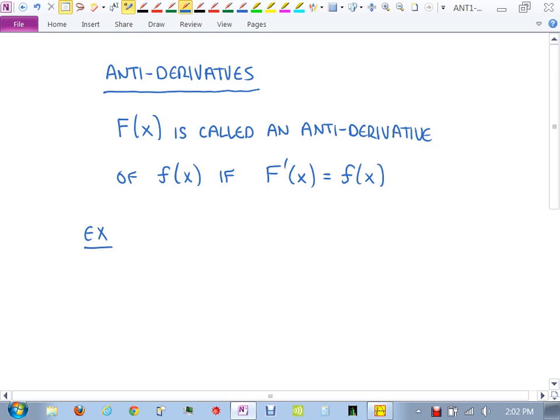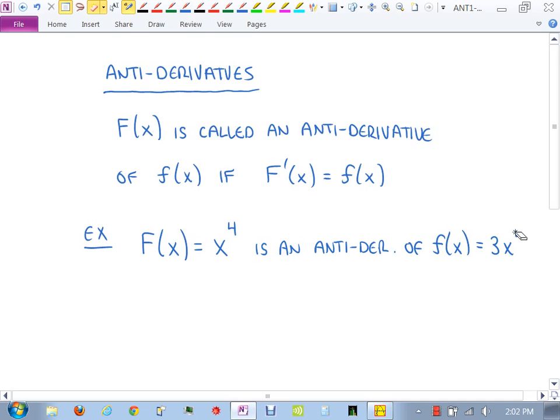Example. Would you agree that capital F of x equals x to the fourth is an antiderivative of little f of x equals 4x cubed?